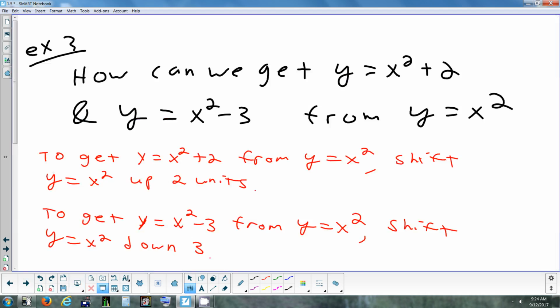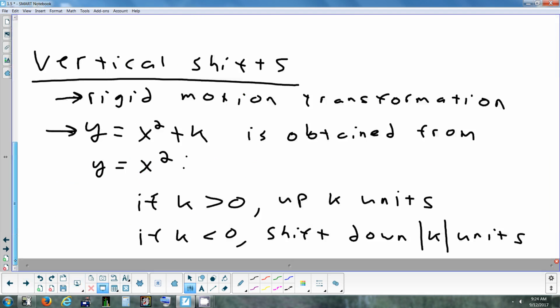Now, why did I put absolute values around k when I shift down? Any guess why I put that there? Yeah? Because you can't look at negative units.